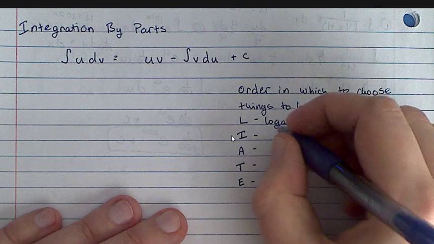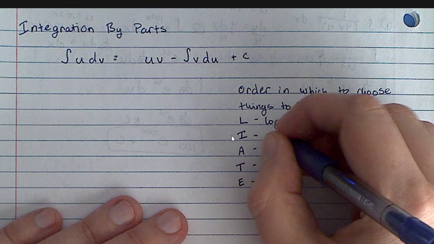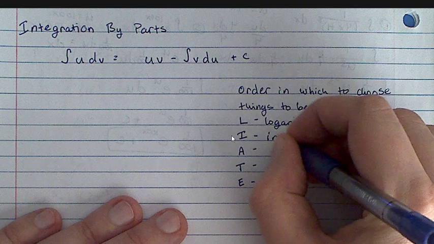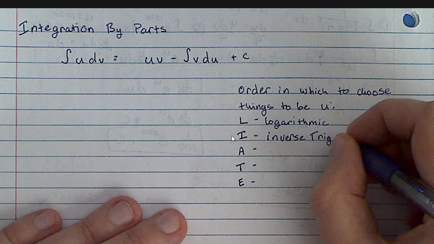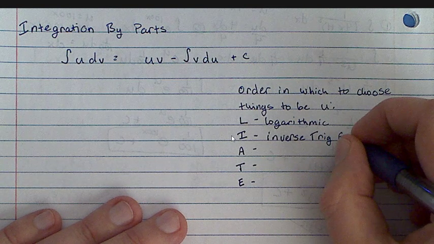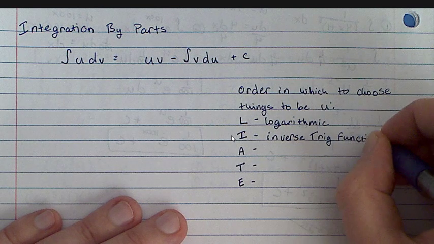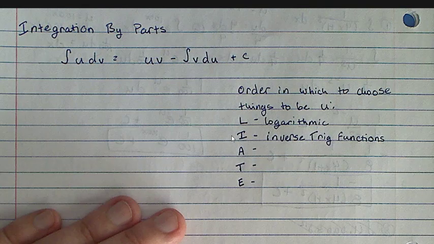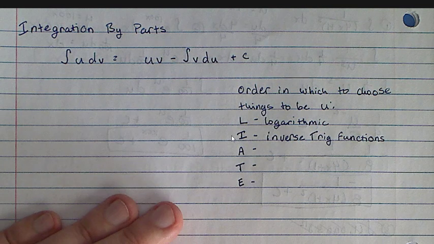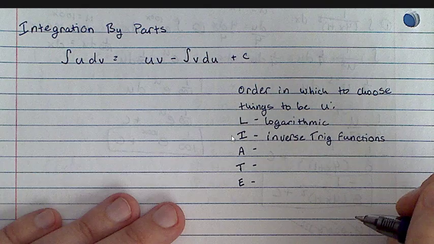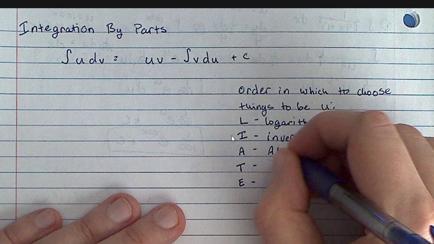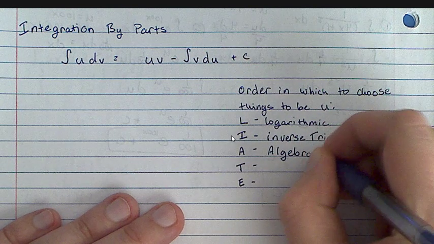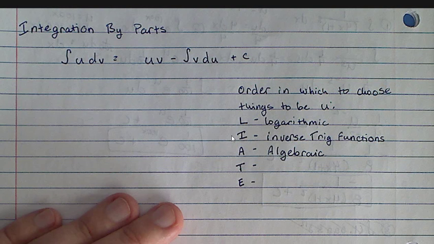I is inverse trig functions, and we haven't done anything with inverse trig functions yet, but we're going to. Inverse trig functions are arcsine and arccosine. A is algebraic functions, which is like x squared, 2x, 3x, stuff like that.